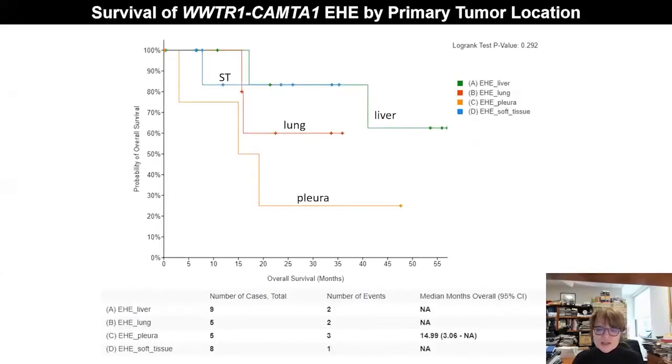If we look only at EHE with WWTR1-CAMTA1 fusion, the outcome is driven by the clinical presentation and the visceral location, with pleural location having the most unfavorable outcome, while the soft tissue and liver have the best outcome.